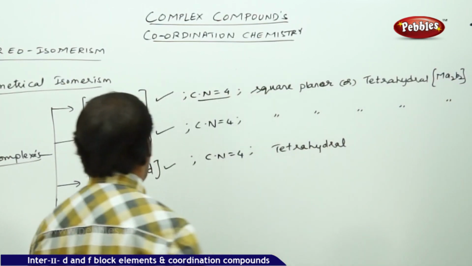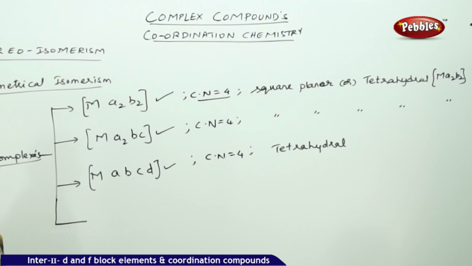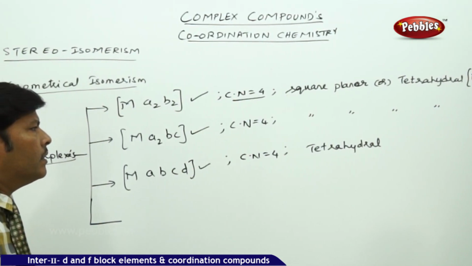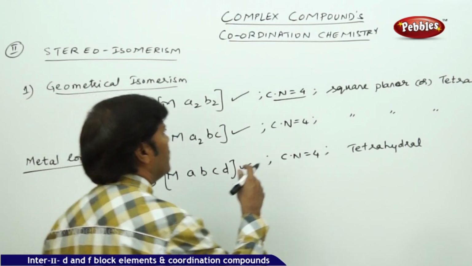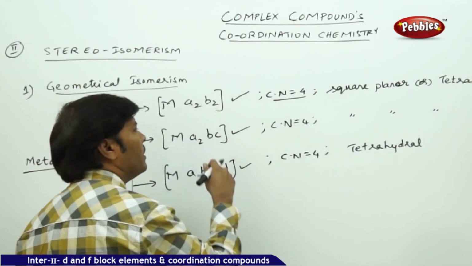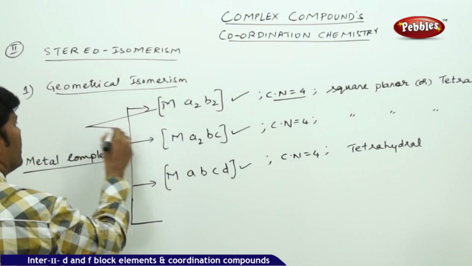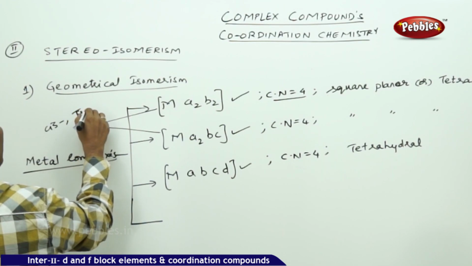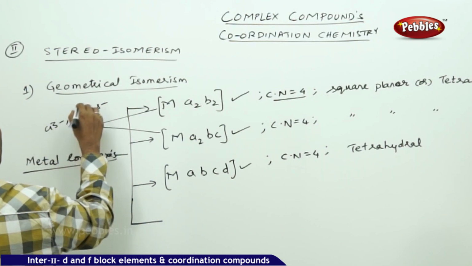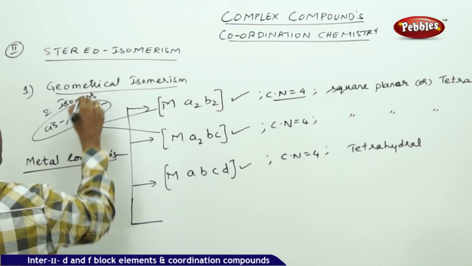We cannot differentiate this MABCD into cis and trans, but we can get 2 or 3 different isomers. But in the case of Ma2B2 or Ma2BC, we can get 2 isomers, one cis and one trans. You can get 2 isomers here.